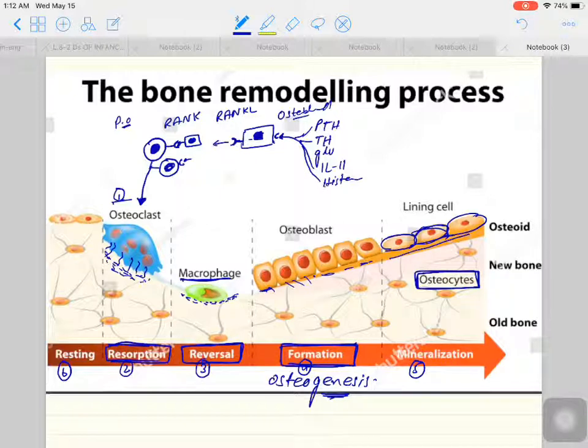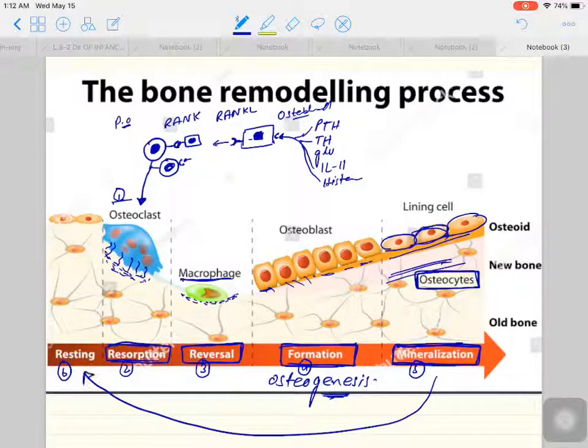So all this helps in the mineralization process. So the fifth step, the mineralization, is carried out by osteocyte activity. So after the formation of complete bone, there is calcified or mineralized bone. The bone undergoes the process of resting. It rests for 20 months or more than that.